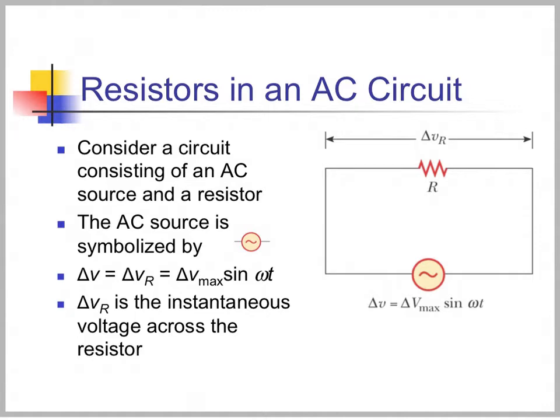The AC source is symbolized by this symbol here, and delta v in this case is going to be the same as the voltage across the resistor. So delta v sub R refers to the instantaneous voltage across the resistor, and it's just delta V max sine omega t.